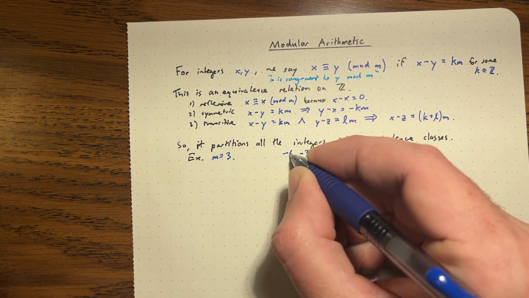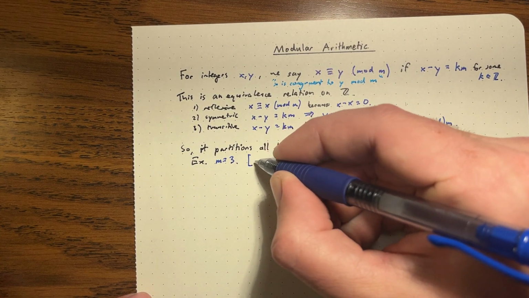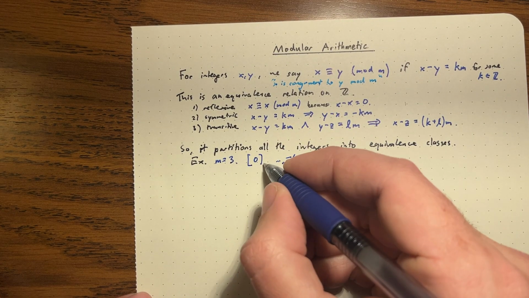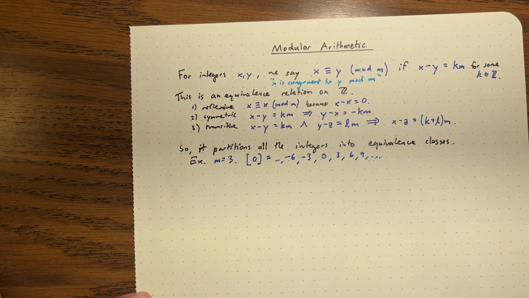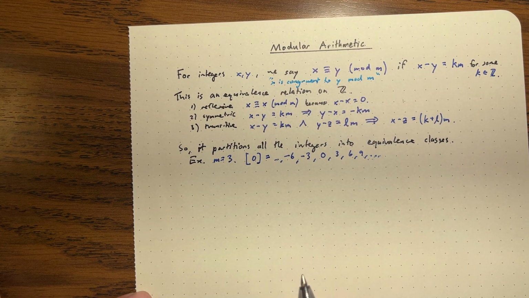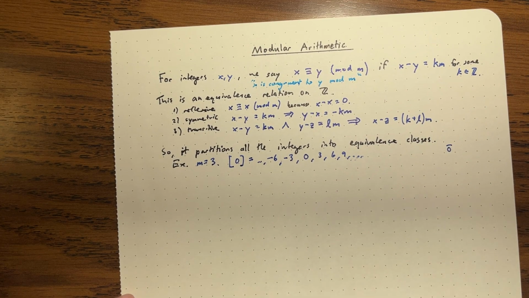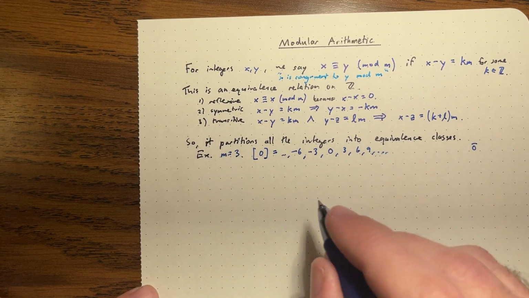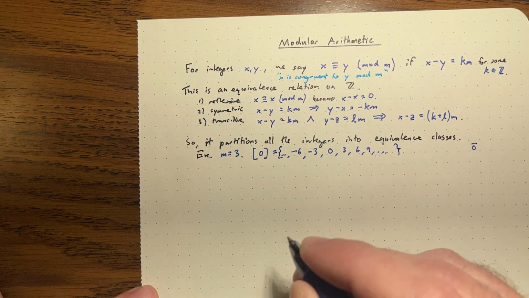We have negatives too. We can denote the equivalence class with brackets, which is a notation they use for equivalence classes. Sometimes we also write 0 bar, so we can do either one. So this is just the set of all the multiples of 3.